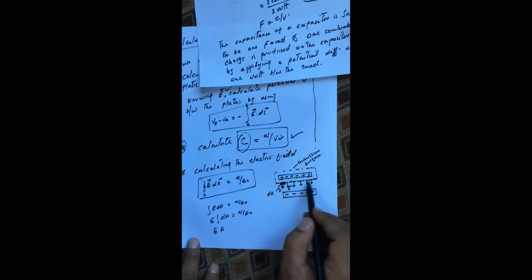So we have left only this area. So EA is equal to Q over epsilon naught, or we can say that E is equal to Q over epsilon naught times A. This is how we calculate the electric field.